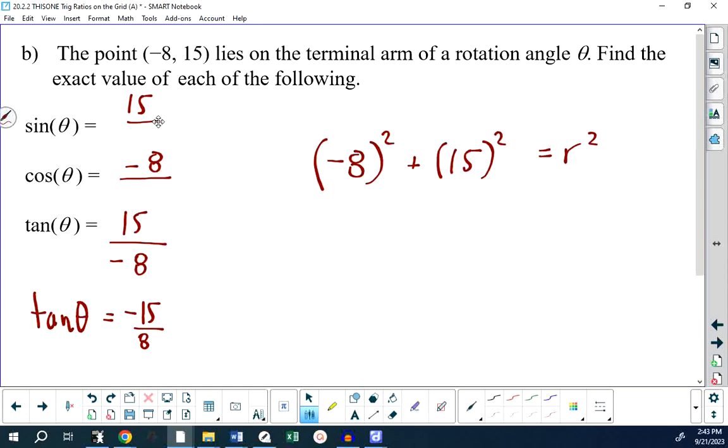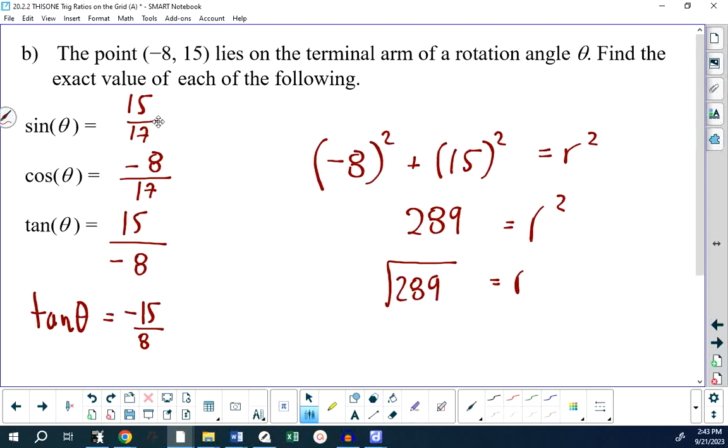Is that 289? So r squared is 289, which means r is the square root of 289. Is that a perfect square? It is? What is it? 17. So we're done. Over 17, we're done.